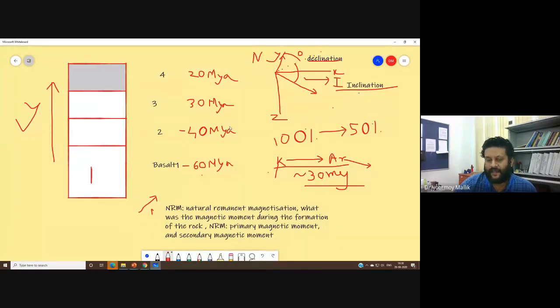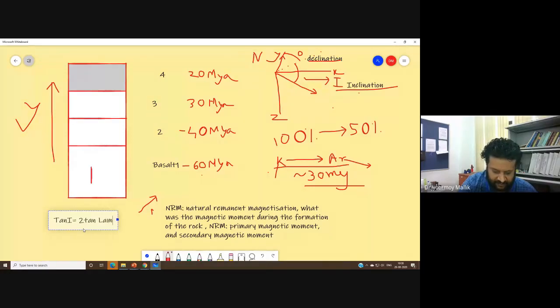Okay. Now, there is a very nice formula that people have come out with, and that formula is tan I equals 2 tan lambda. Okay, I don't know how to write lambda here.